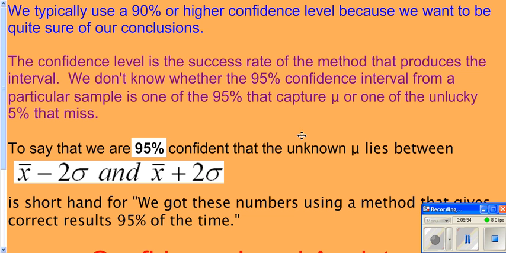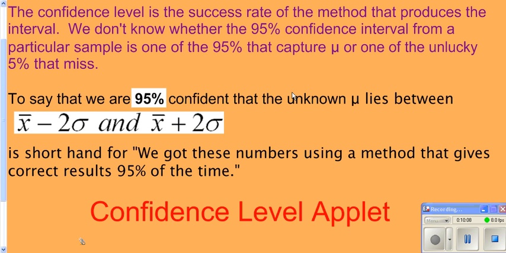Now when we do our sample and make our 95% confidence interval, which gives us our success rate, we don't know if, for that one particular sample, we really captured the true mean, which we know happens 95% of the time, or if we happen to be that unlucky 5% and missed our true mean.